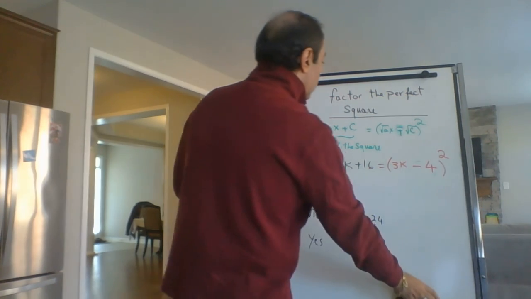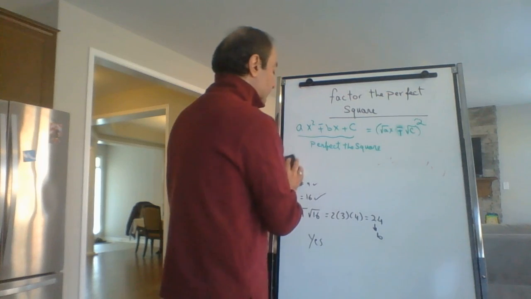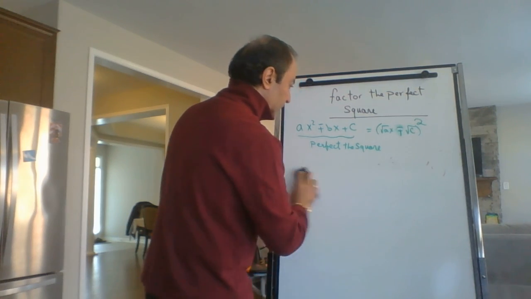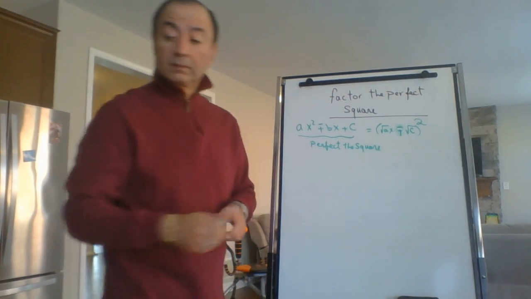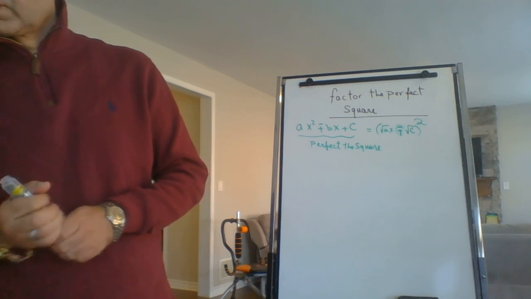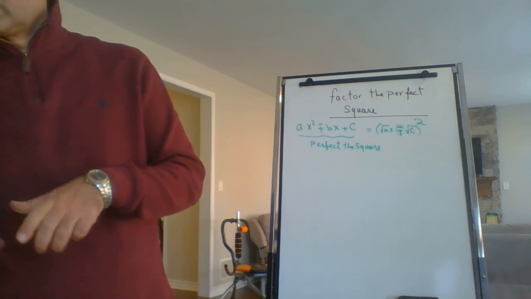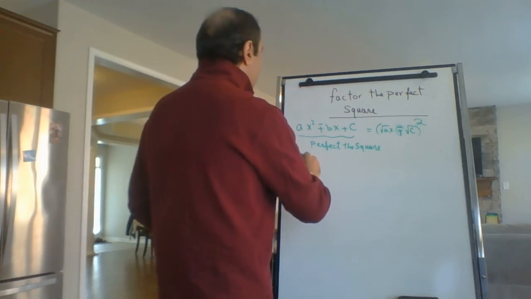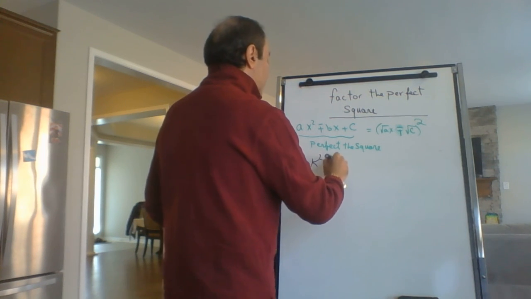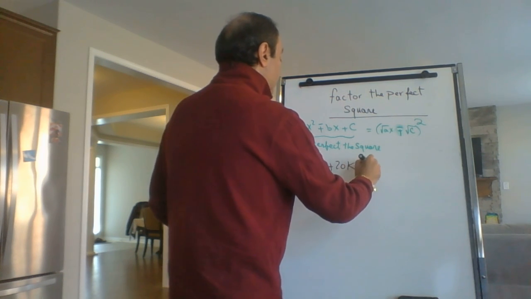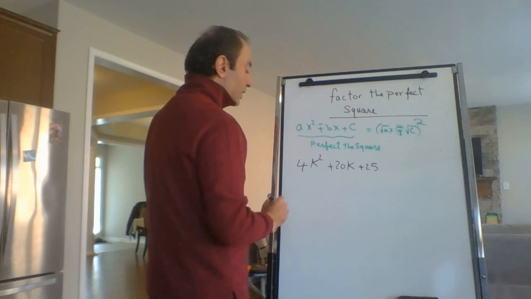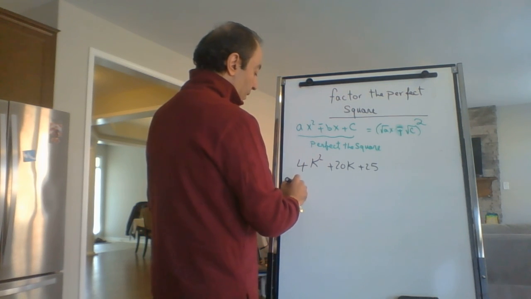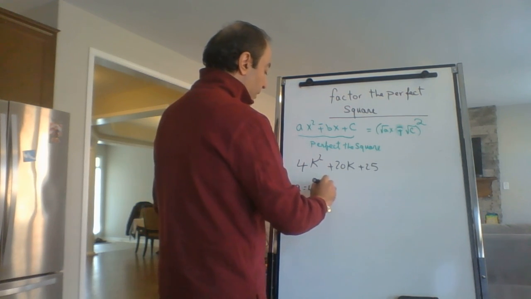I want to give you more examples. Let's say 4k squared plus 20k plus 25. Nothing is common. A equals 4, perfect square.